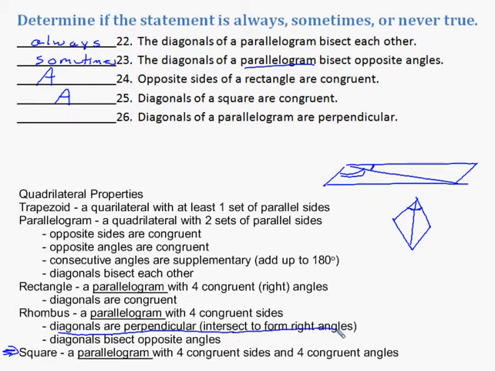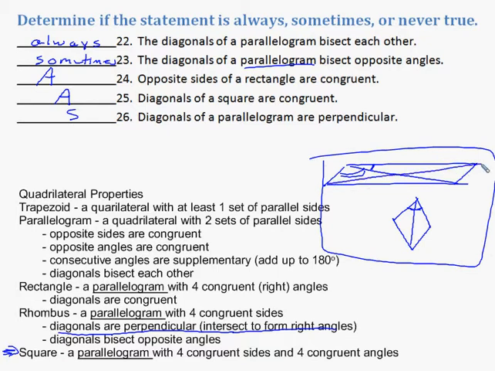And so it doesn't have to happen, but it can happen, so it's sometimes. We can actually look at our figures over here again. If I drew in this other diagonal, these definitely don't look perpendicular. But if I drew this diagonal in, it's like, yeah, they look perpendicular. So it's a sometimes. So being able to determine if properties are always, sometimes, or never true.